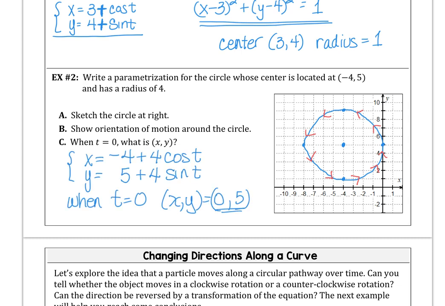So we started our graph right here at 0, 5. This was the start spot, and we went counterclockwise in that rotation. So our motion is counterclockwise. When we get to pi, if t is pi, we're at the point -8, 5. And our center was at -4, 5.